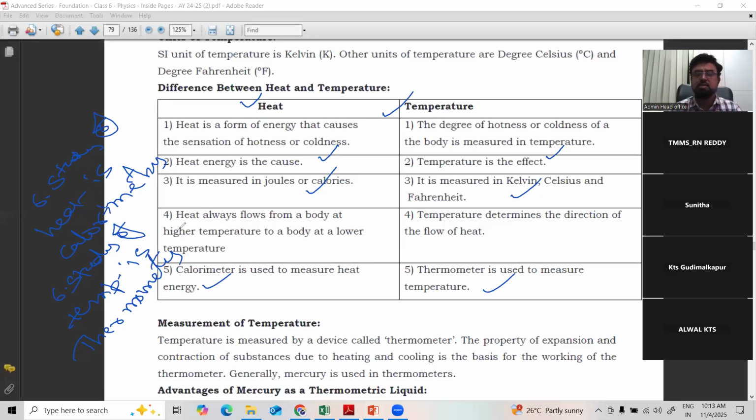Calorimetry and thermometry. So note down all the points. Very, very important differences. They will be useful for you till the 10th class, and this table is very helpful for your regular syllabus also. So note down all the points.